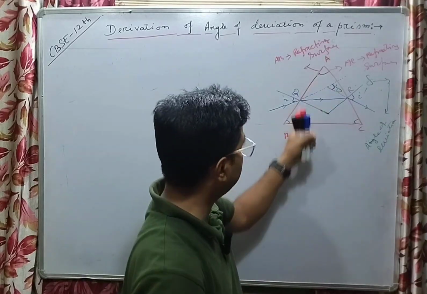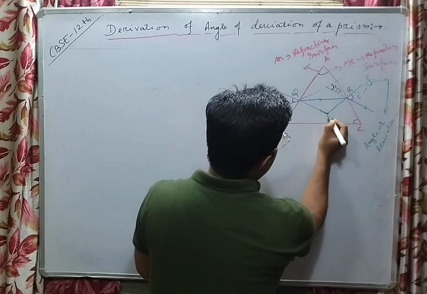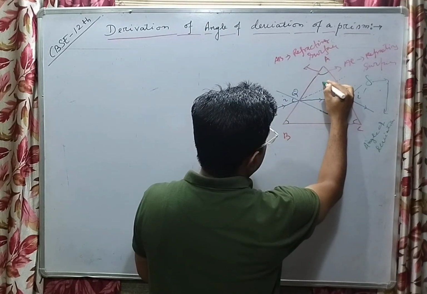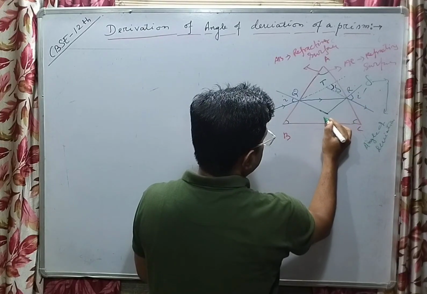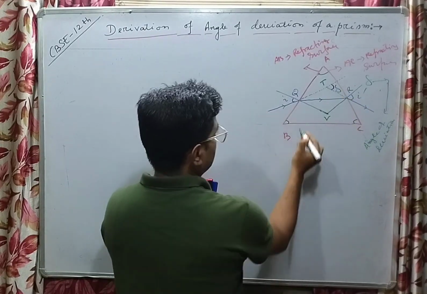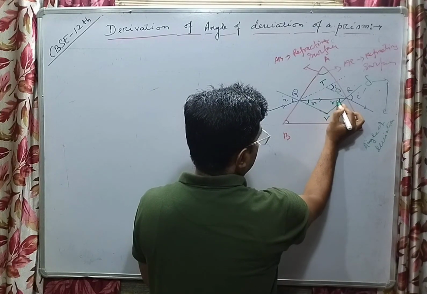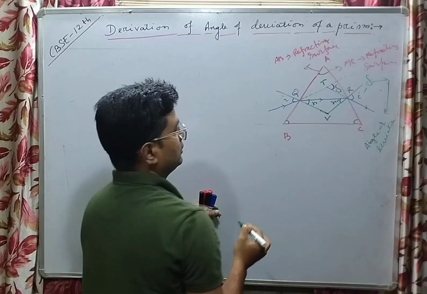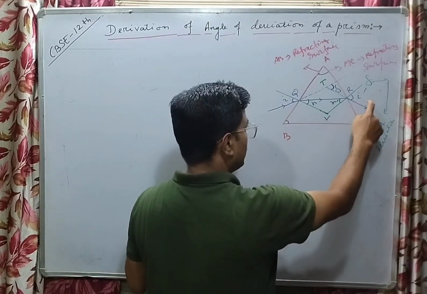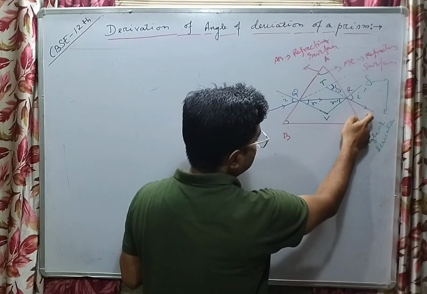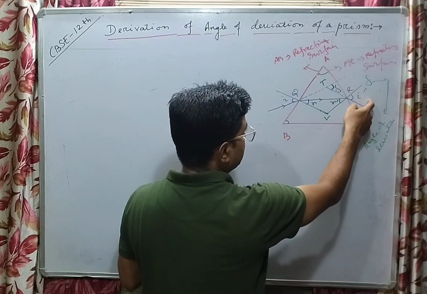What is the value of delta here? Suppose this point is T, it is Q, and it is R, it will be V, and it is R, and it is R dash. Students, clear? This is the incident ray, and this is the emergent or final refracted ray, and angle i dash is the emergent angle.